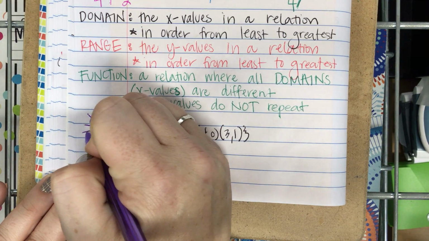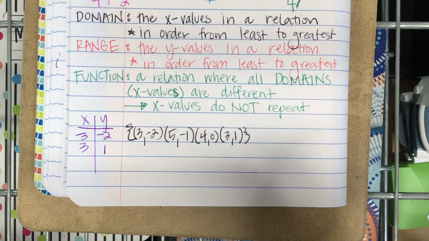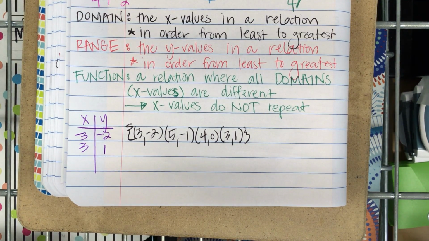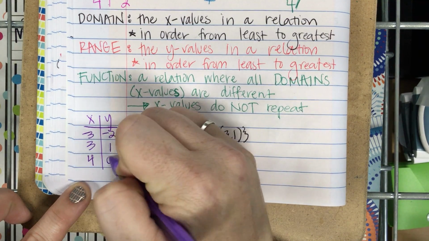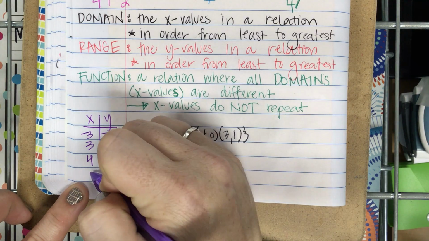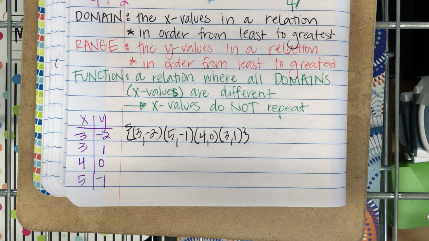I'll do 3, -2, and then 3, 1. Why not? Then what comes next? 4, 0, and last, 5, -1. We made a table. Yay. Right?